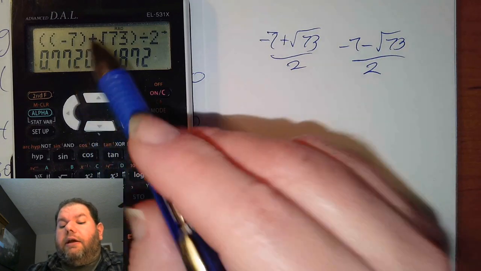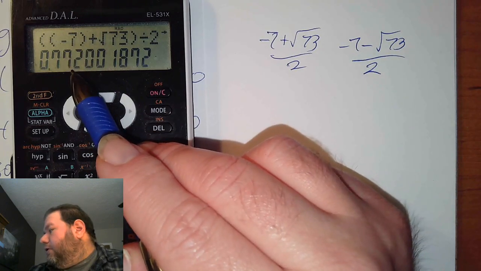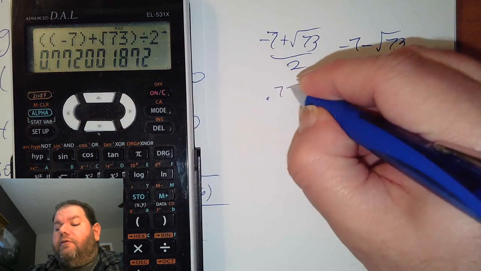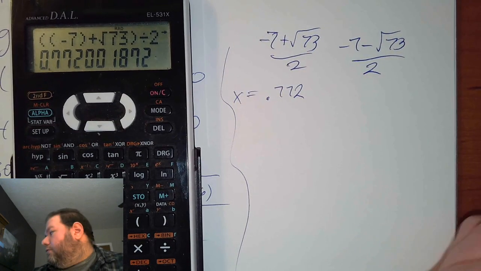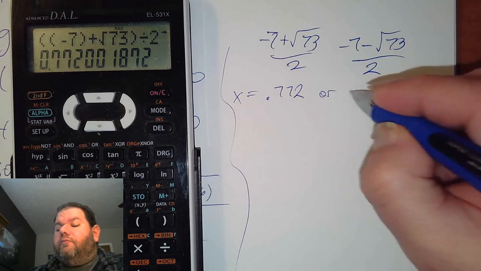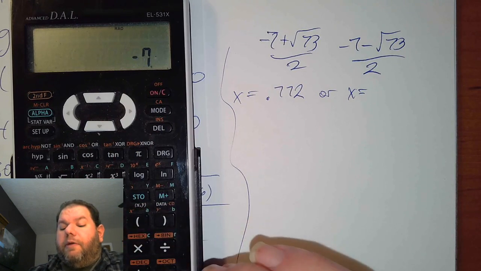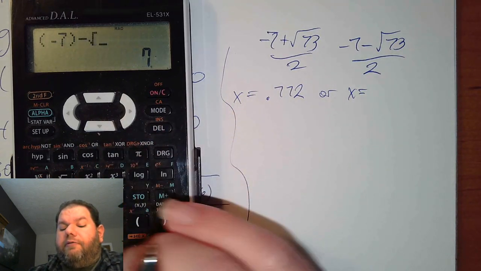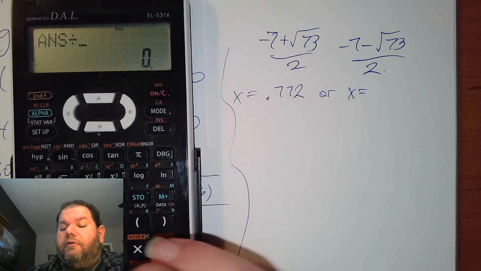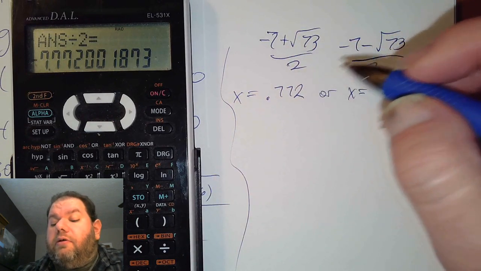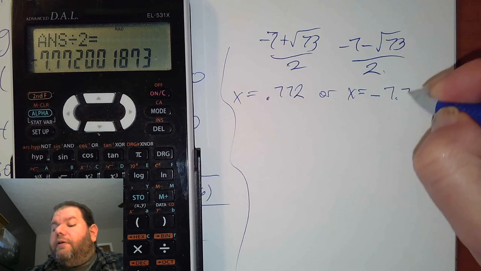So -7 plus the square root of 73 divided by 2 gives us 0.772 for our first solution. And for the second one, we get -7 minus the square root of 73, and then divide it by 2. And we got -7.772.